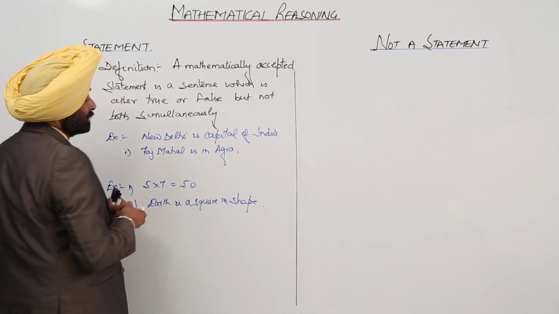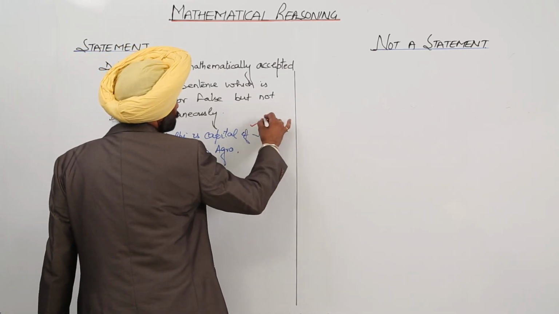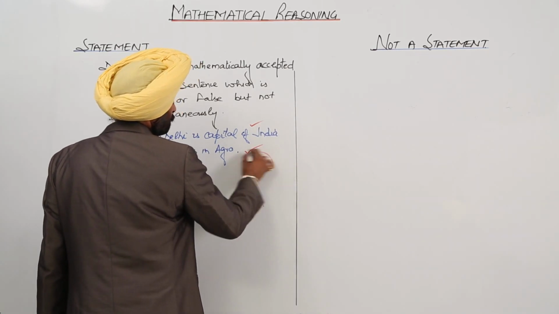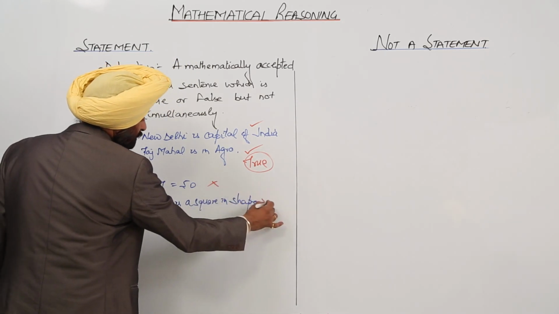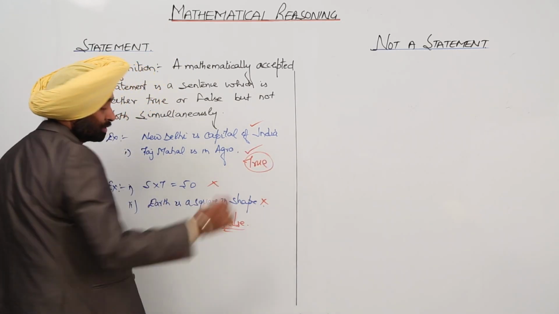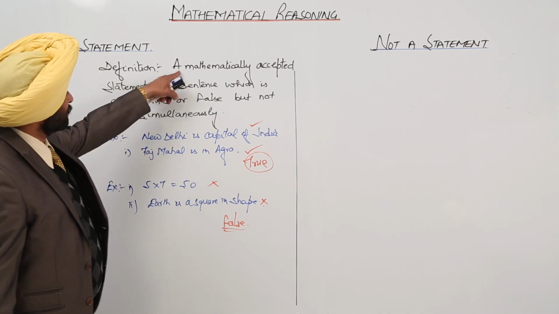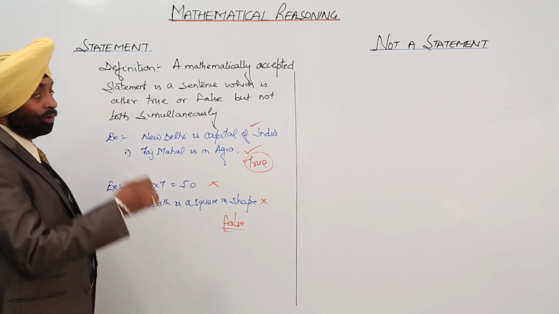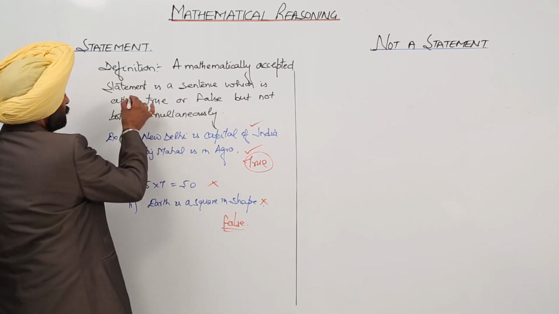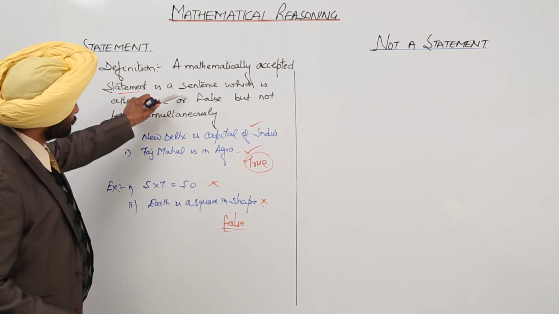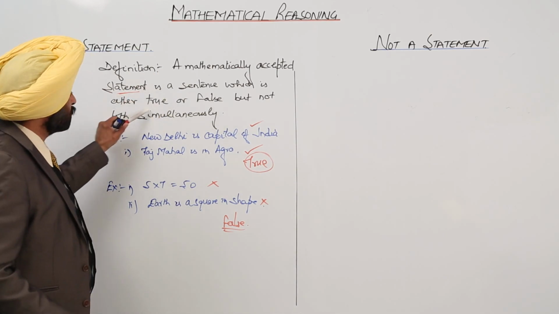Now the first 2 examples, this one is true, this one is true, so true. This is false, this is false, so false. Now go for the definition. A mathematically accepted statement is a sentence which is either true or false.